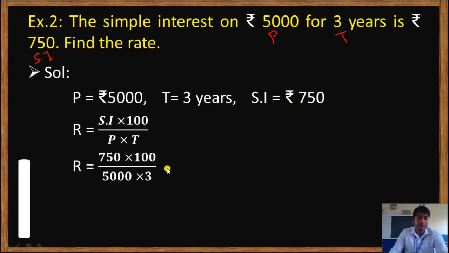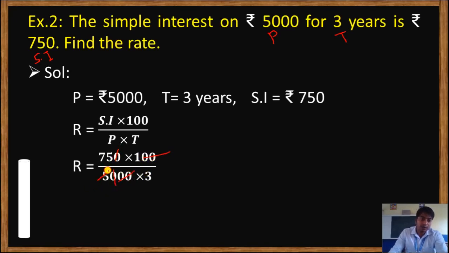Now use the values: 750 simple interest into 100, by principal 5,000 into 3. Now reduce the terms. 20 cancels by these 20, then 10 cancels by this 0.